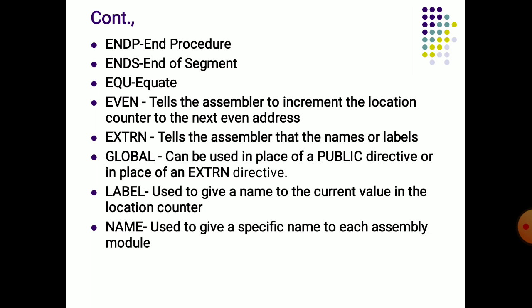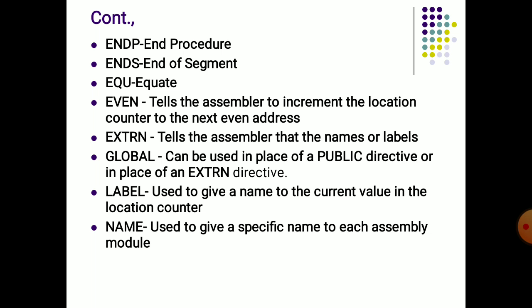Then EXTRN tells the assembler that the names are labels. Then GLOBAL can be used in place of the PUBLIC and EXTERN directives. Then LABEL is used to give a name to the current value in the location counter. Then NAME: if you mention NAME as a keyword in your program, it is used to give a specific name to each assembly module.